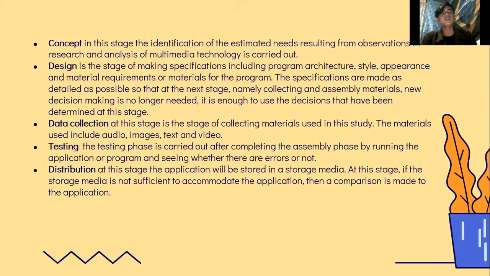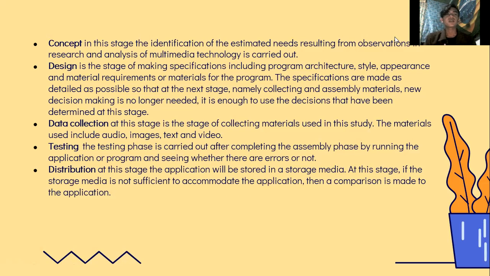concept. In this stage, the identification of the objectives resulting from observation is done. Then research and analysis of multimedia technology is carried out. Design is the stage of making specifications, including program architecture, style, appearance, and material requirements for the program.